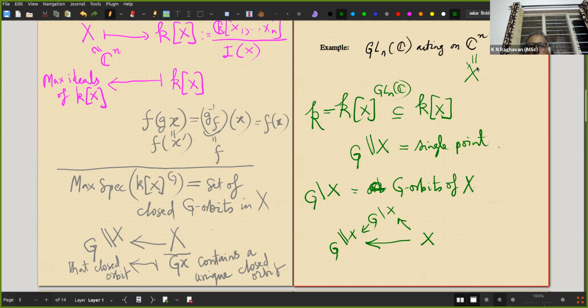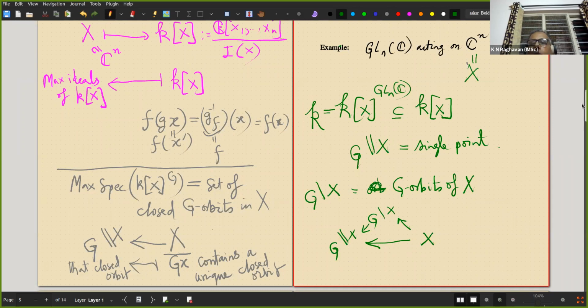You see there are two orbits here. So this thing would contain two elements, namely one for the zero element and one for any non-zero. All the non-zero vectors would be in the other orbit. So there are two elements here. Here there is a single element. There is only one closed orbit. Okay, so this is a further quotient, and perhaps that explains why the double bar.